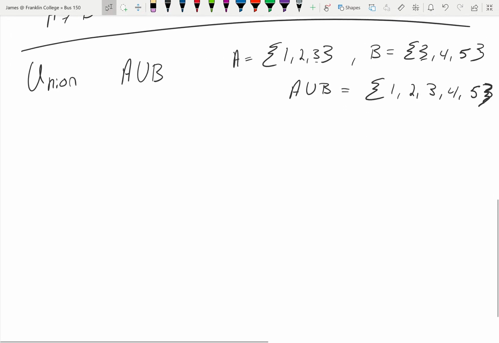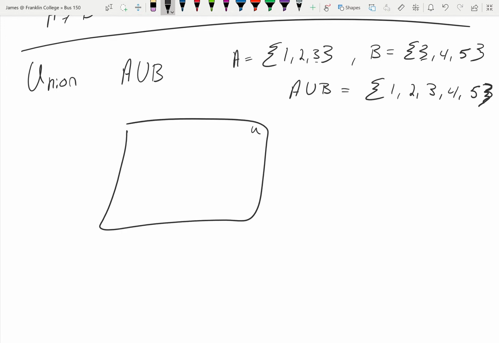Alright, pictorially, if you want to think about this a little more abstractly, if we have what we call our universal set, all things that could possibly be in set A or B, we can have all of set A and all of set B. It might be a better idea to use the highlighter.